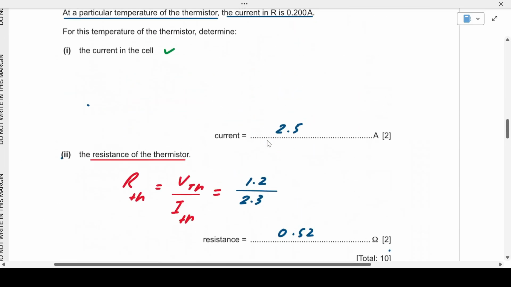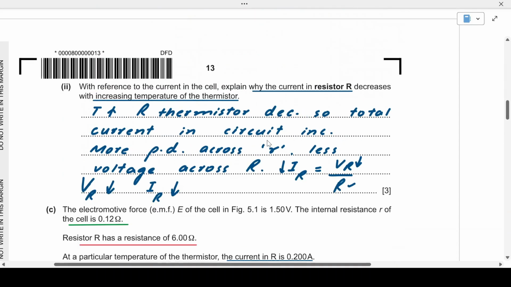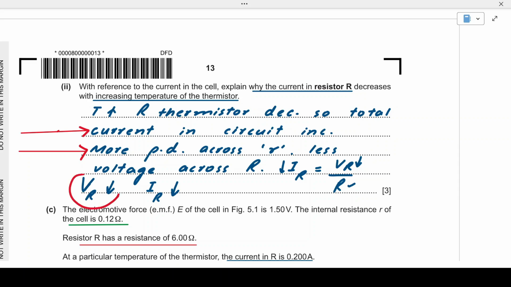In this question, you were having, if the current in the circuit increases, then more voltage will be dropped inside the internal resistance. Hence, the terminal voltage was decreased.